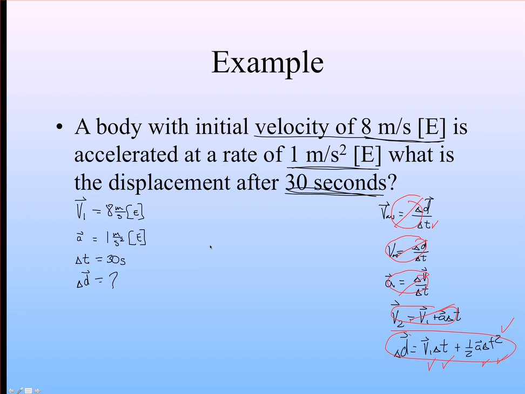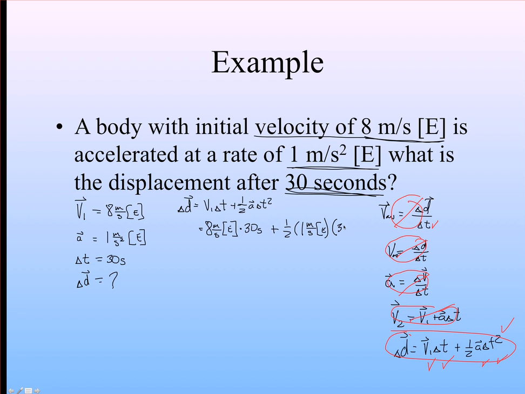We can say that delta d equals v1 delta t plus 1/2 a delta t squared. And that will equal 8 meters per second east times 30 seconds, plus 1/2 times our acceleration times our time, which is going to be squared.